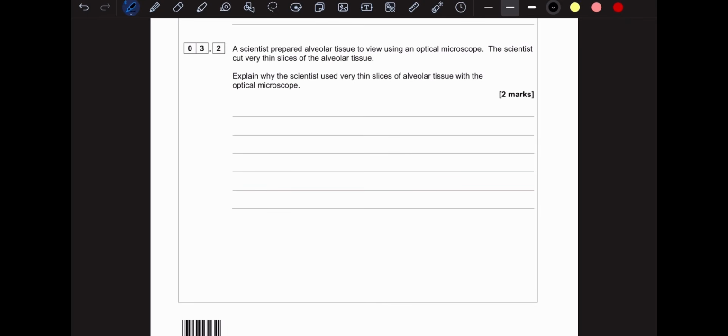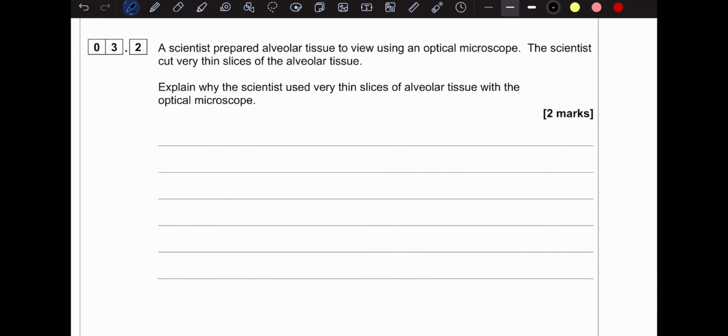So if you have a very thick layer of tissue, the light won't be able to penetrate the tissue. You won't get a good view of what you're looking at, right?